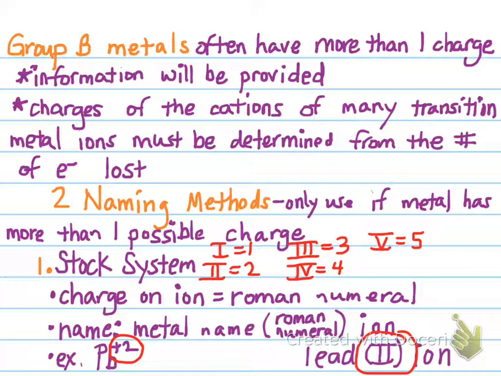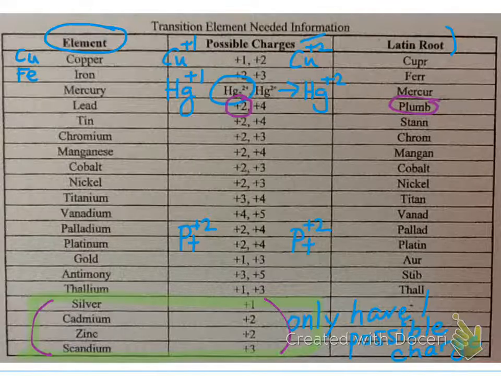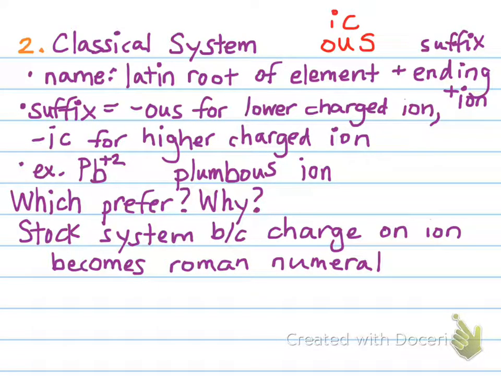I don't have to look at my helper sheet to figure out what this is. Versus, right, plumbous ion. Now, maybe you've done this a while like I have, and you know that plumb refers to lead. But if you don't know that, you're going to have to look at your helper sheet, figure out it's lead. After you figure out it's lead, you're going to have to remember it's plumbous, the lower charged one, and then it's a lead with a +2. So generally, most people prefer the stock system because it doesn't really require using our helper sheet.